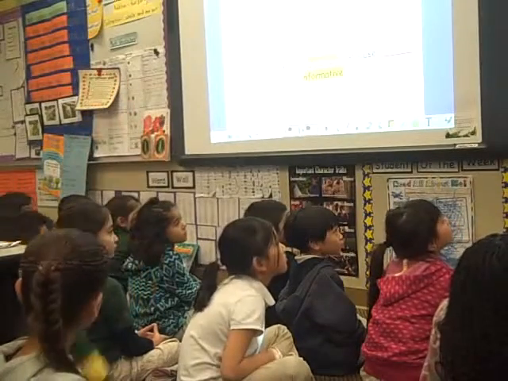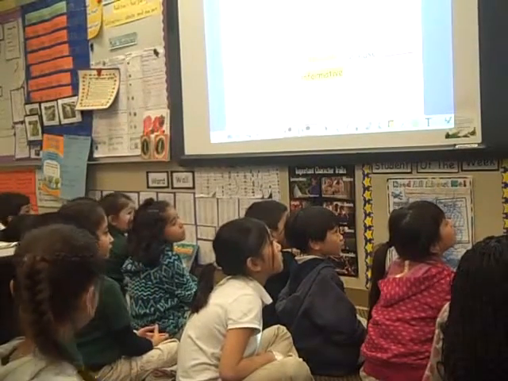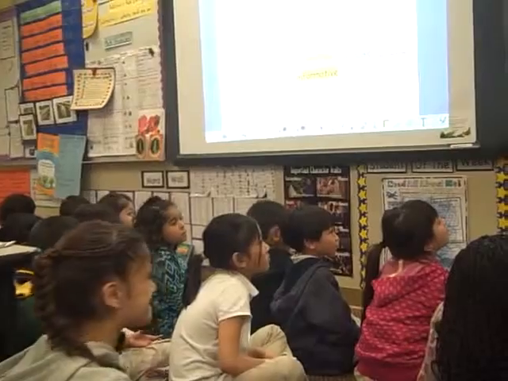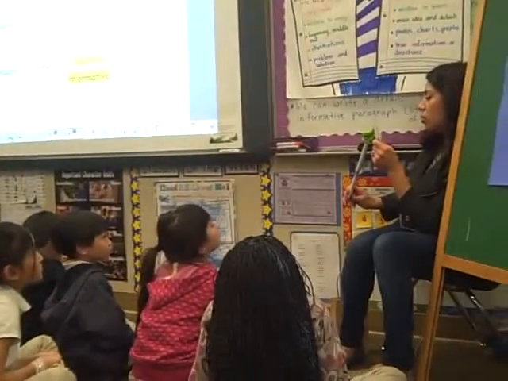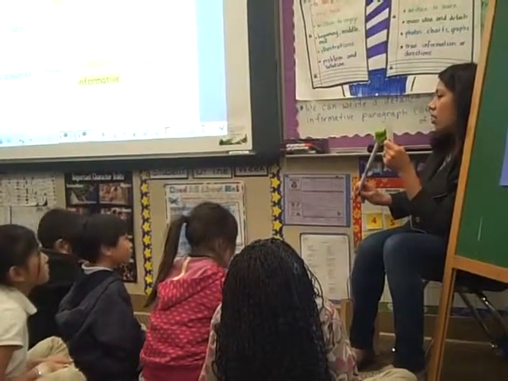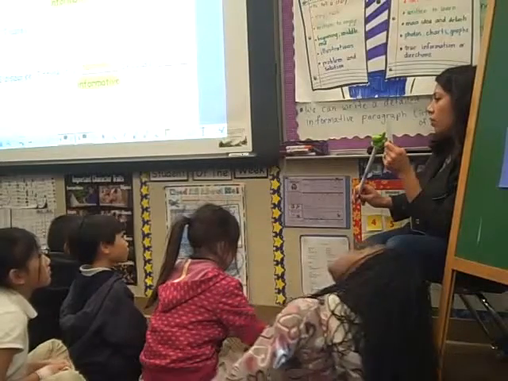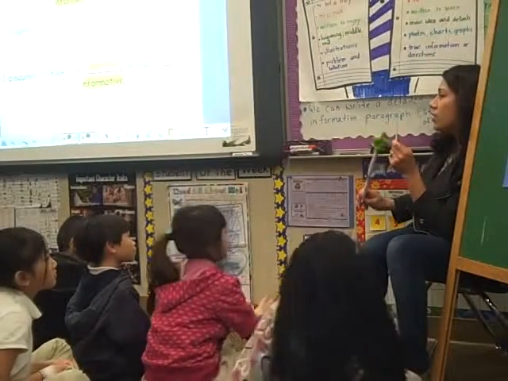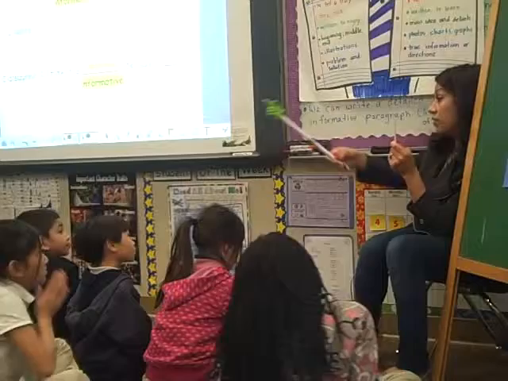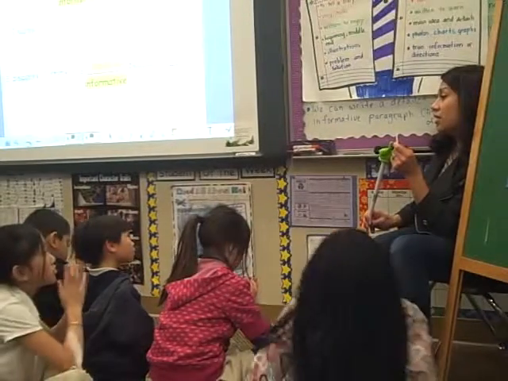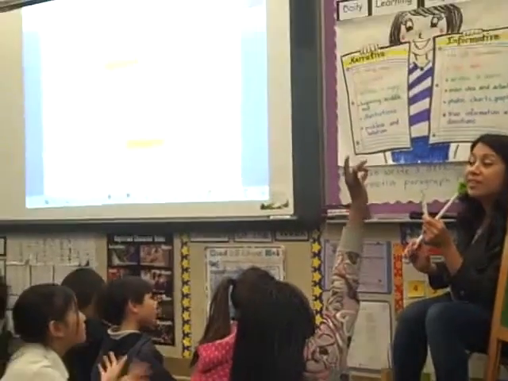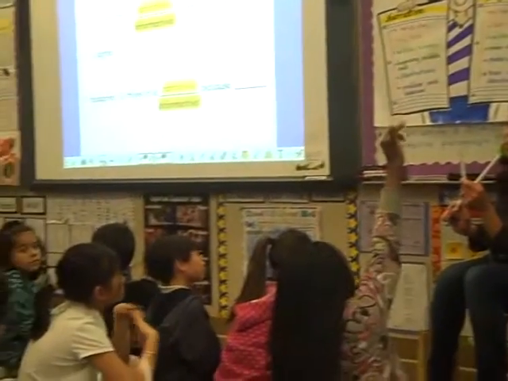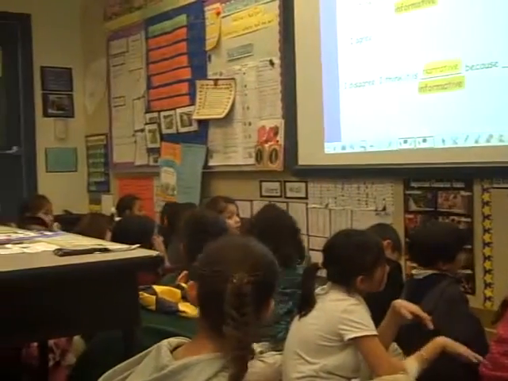Because it has photos, charts, and graphs, okay? So this is a type of graph, kind of, it's a cycle, okay? So it's showing you the cycle of a frog, the life cycle of a frog, okay? Any other reason why you would choose this as informative? Yes? Loud and proud. I think it's informative because it's written to learn.